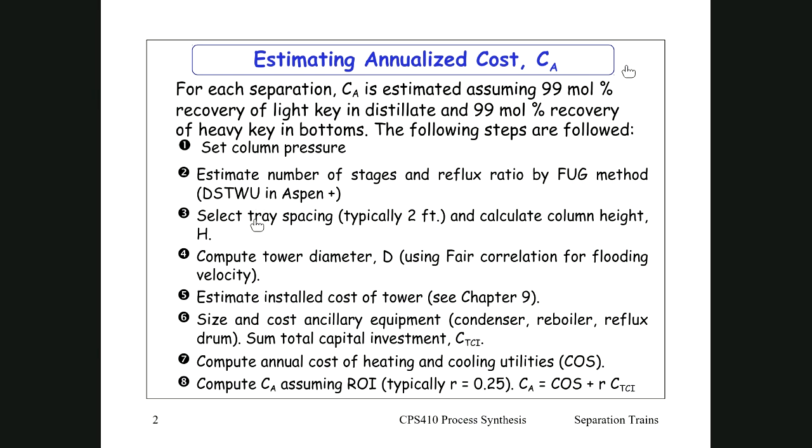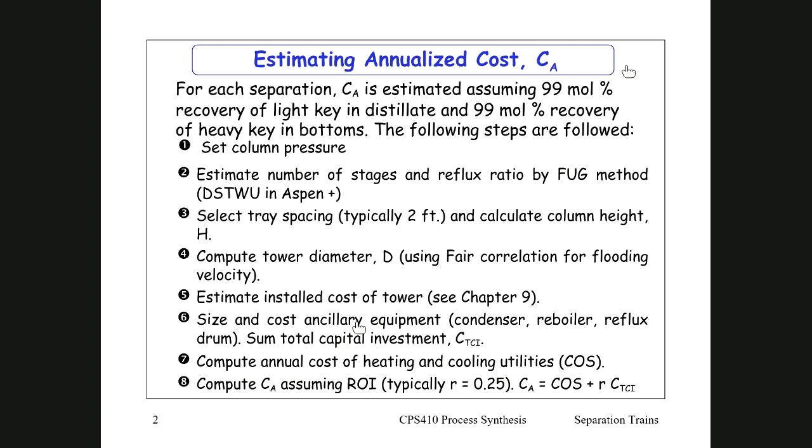Then you select tray spacing, which gives you your column height, compute the tower diameter using a flooding velocity, Fair correlation. And then you estimate the installed cost of the tower. Once you've got the diameter and the height, you can estimate the installed cost of the tower.